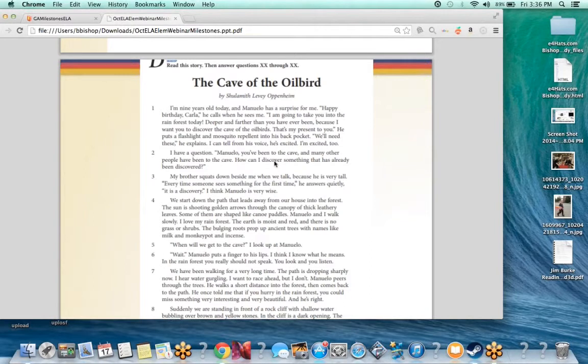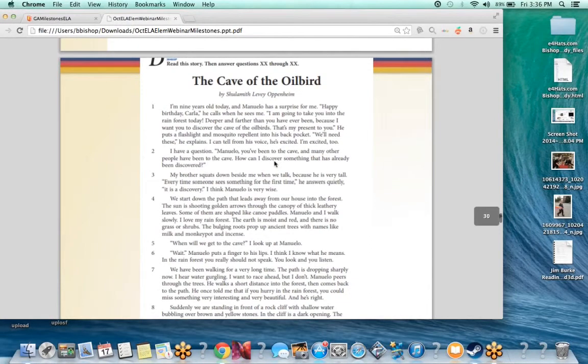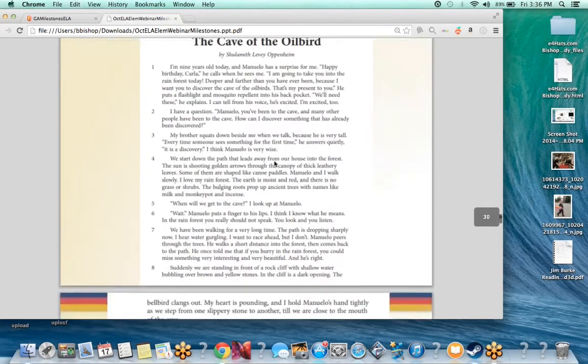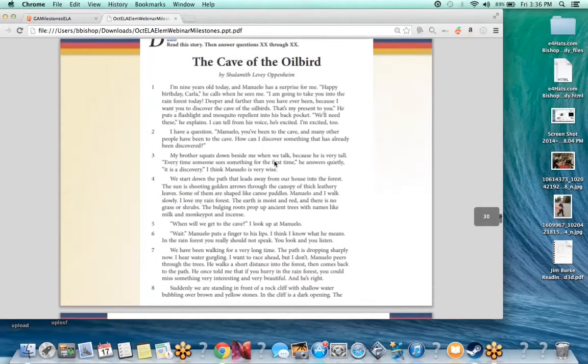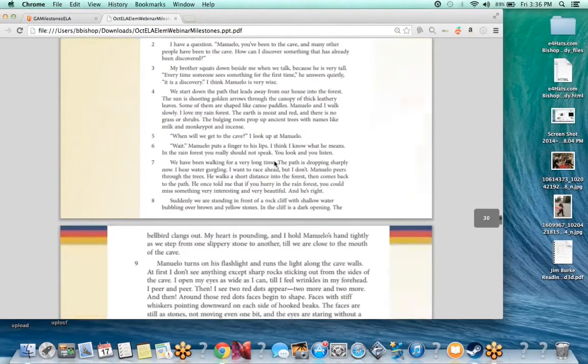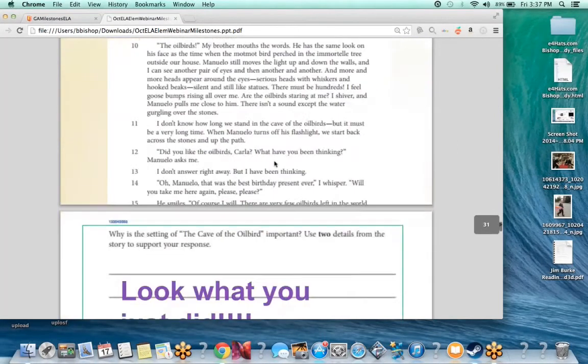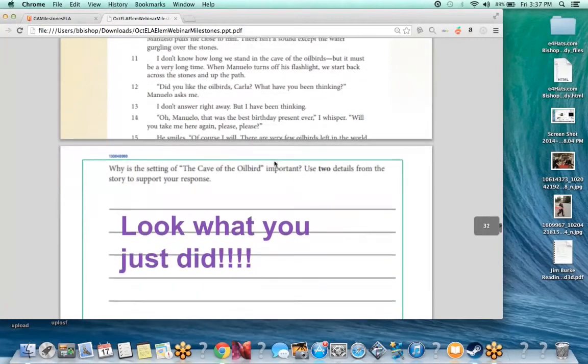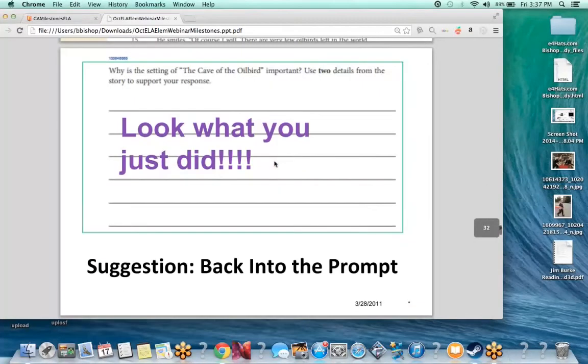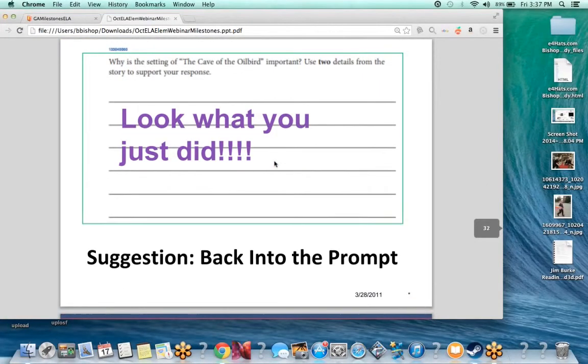It's a direct story, of the typical fourth grade Lexile, I think. But the question is a higher order question, because it's not just what happened, but why it matters that it was in a cave, and using two details to support your response.